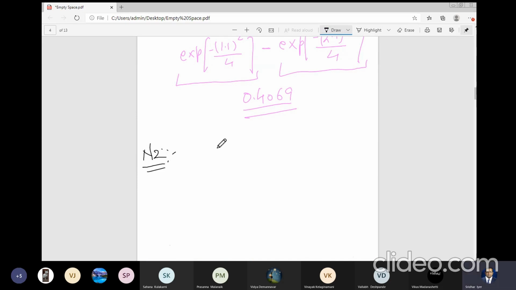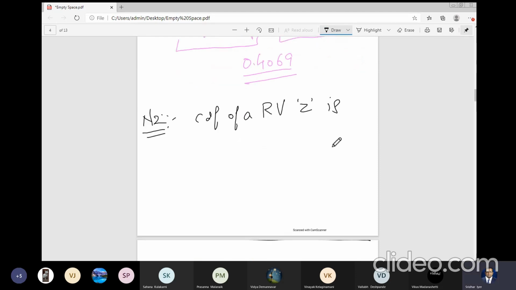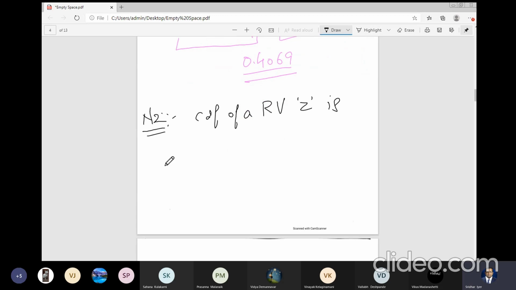So the CDF of a random variable z is F z of z. I'll not use the small z, it has confused students before, so I'll use this capital Z here.